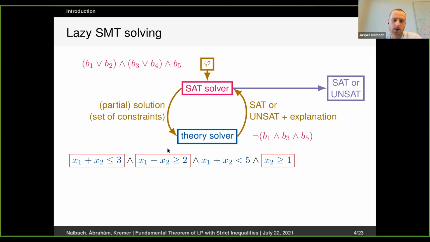What is important to note is that the SAT solver might also assign a Boolean variable to false to satisfy the Boolean abstraction, and thus even if we restrict the input problem to only contain weak constraints, its negation is always a strict one. So in SMT solving, we cannot get around dealing with strict constraints. The theory solver always needs to be able to satisfy strict constraints for this reason.